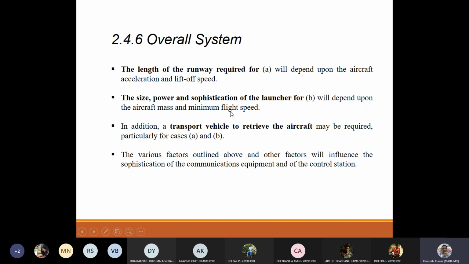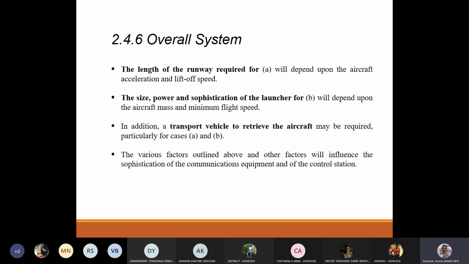The size, power, and sophistication of the launchers is also important when you are talking about something other than a runway. If it is a launcher, then what is the minimum speed of the aircraft, and what is the maximum speed the aircraft requires? Your launcher should support that much, okay. If a minimum speed is required during takeoff, your launcher should at least give the minimum speed to the aircraft.